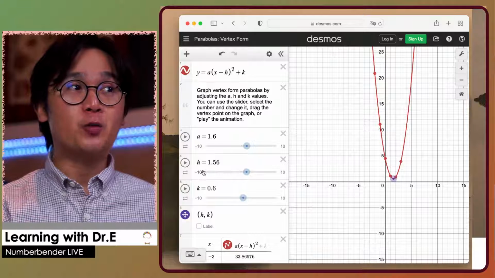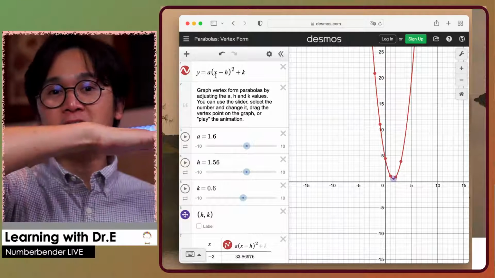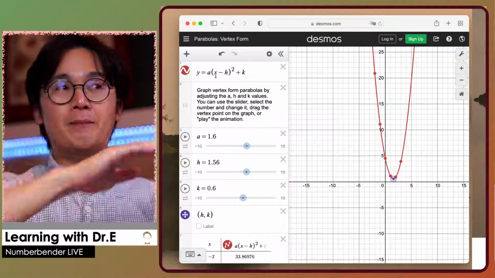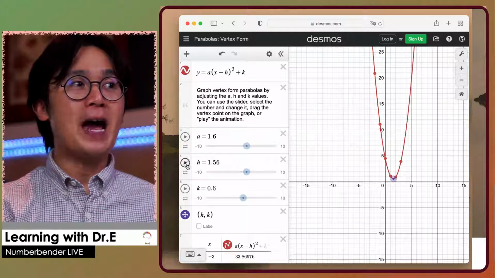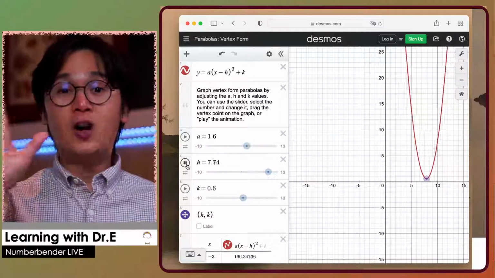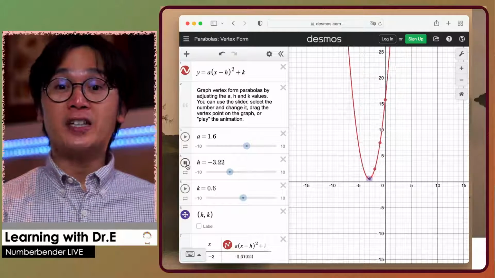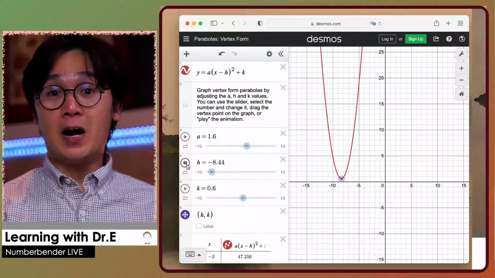Now for h, we know that h is right next to x. So that means the change is going to be horizontal. If our h is changing, the horizontal transformation is going to be evident, and h is determined by the horizontal shift of our parabola.